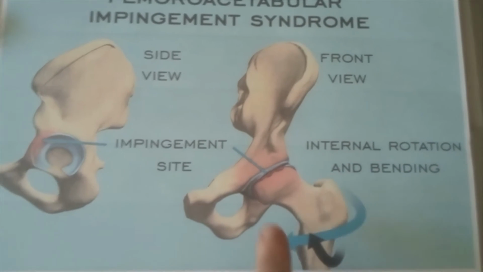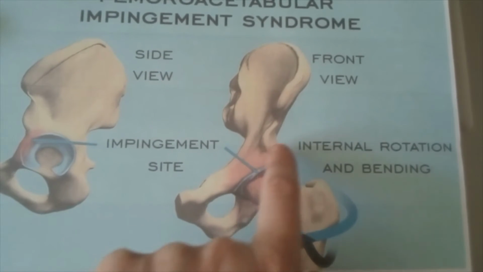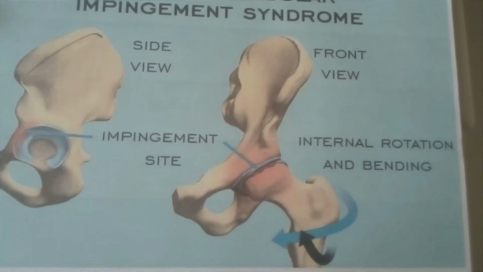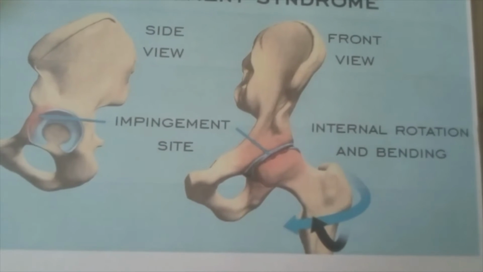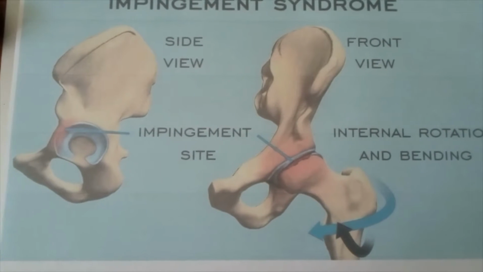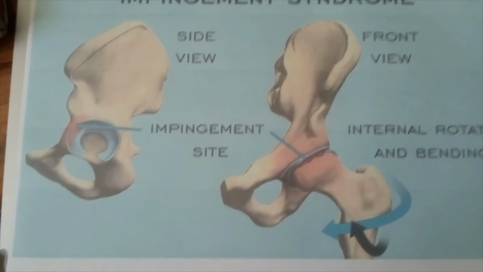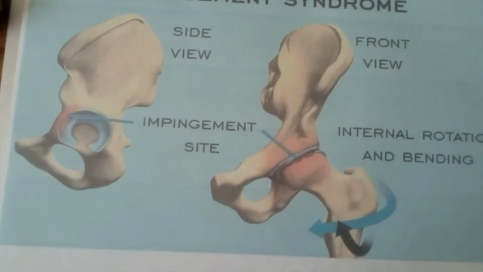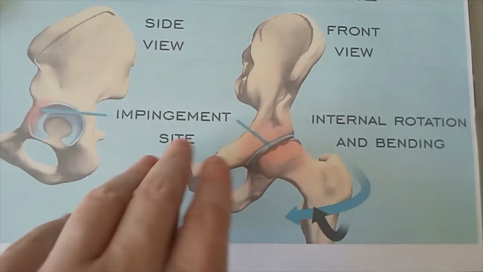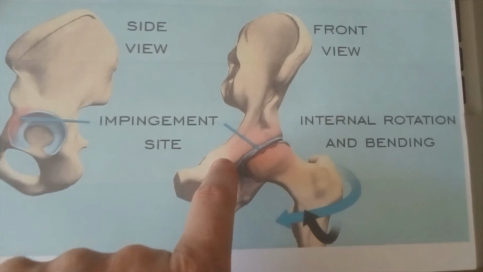So abnormal movement between the head of the femur here and the socket, which is the acetabulum of the pelvis. And this abnormal movement occurs due to the development of bone spurs, or little growths of bone, which will occur either around this femoral head or the acetabulum.